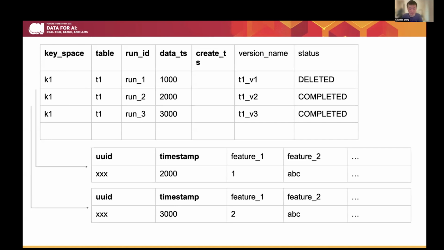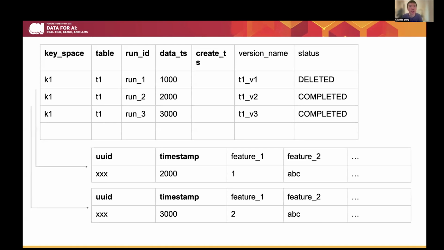It just becomes a virtual concept for the customer. The customer will query the keyspace and table name, but we'll do some conversion for that. Then for each ingestion run, we'll have a different run ID. And the data timestamp will describe the data.